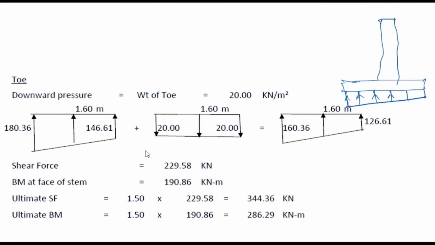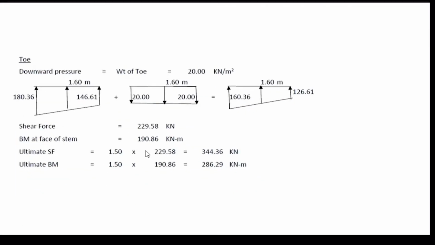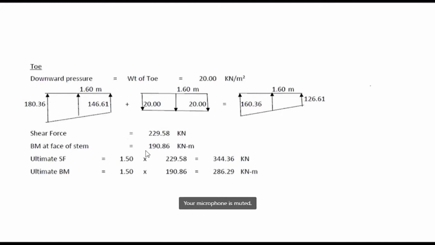It will act upward, and this is the pressure due to earth filling above this. That will act downward. The net pressure will be 160 and 126. So 160 here and 126 here. So the final distribution for this toe slab is like this.